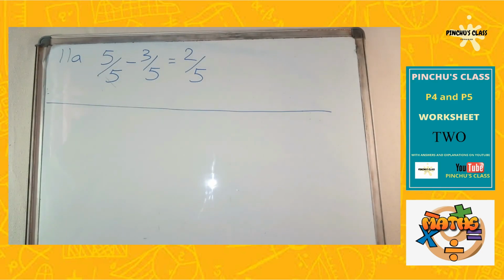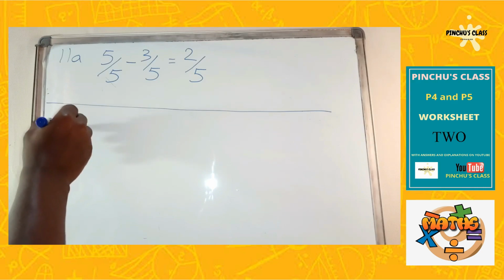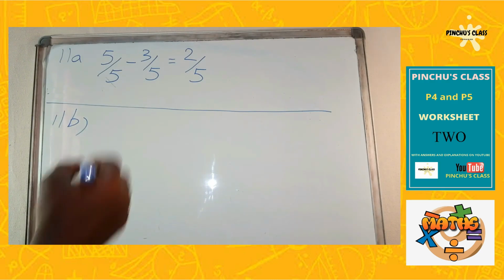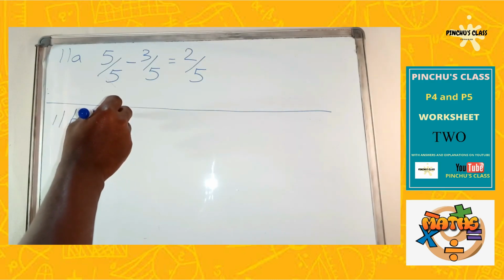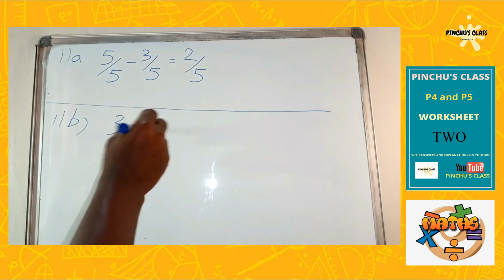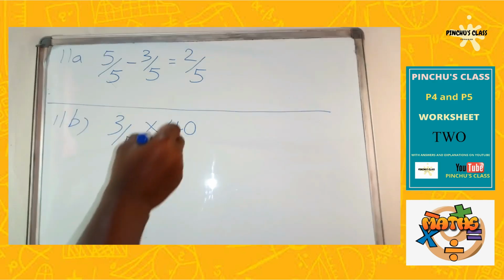Now we are going to find the number of boys in the class. That is 11B. This one is easy. Why? Because we already have the fraction of boys and we have the total number of students in the class. So we just get the fraction of boys times the total number of students in the class.